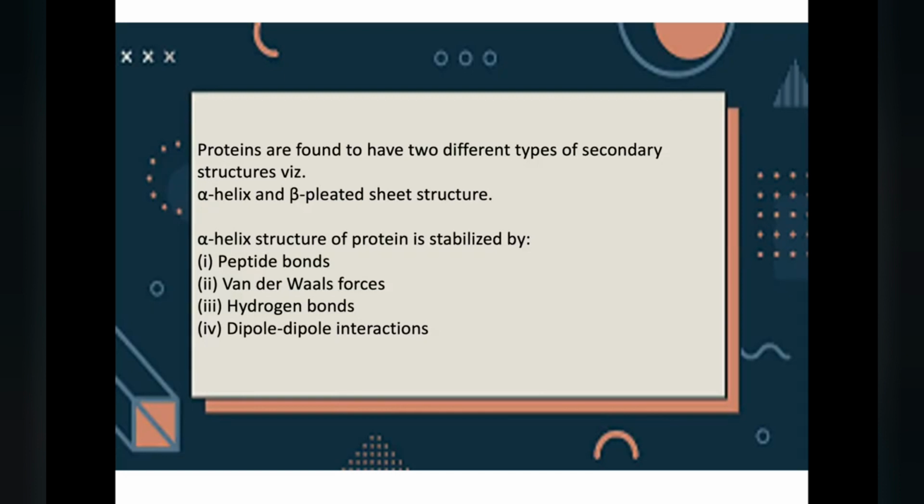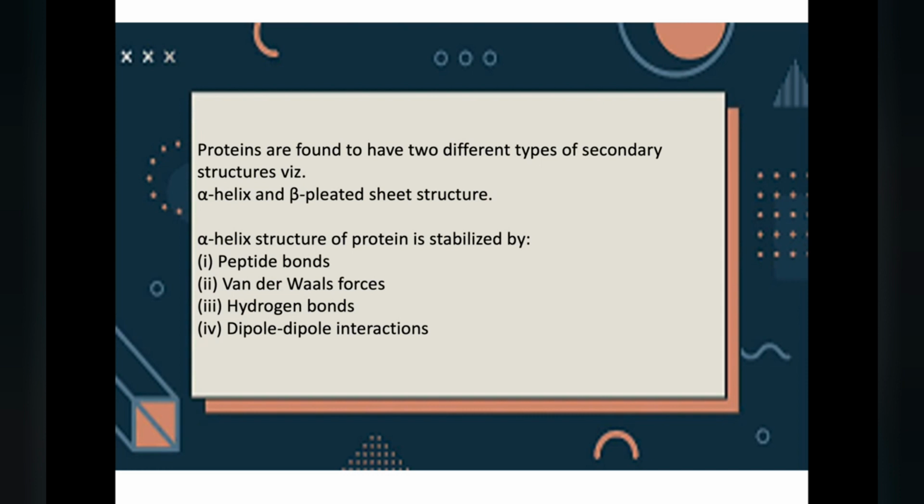Now we'll begin with the first question. This is a very important one. We already learned that proteins have two different types of secondary structures, as I discussed in our previous session while revising biomolecules. One is the alpha helix and the second is the beta pleated sheet structure.